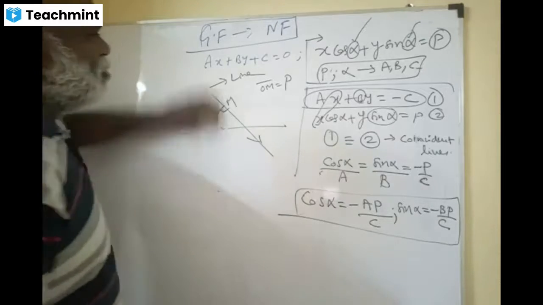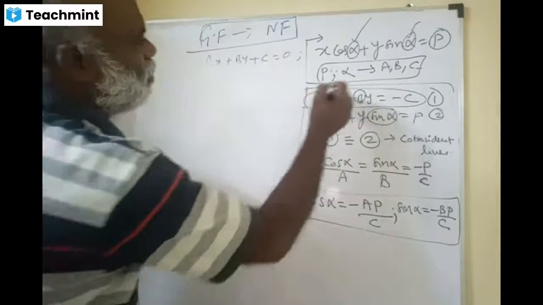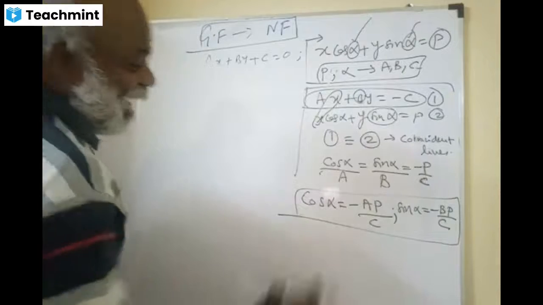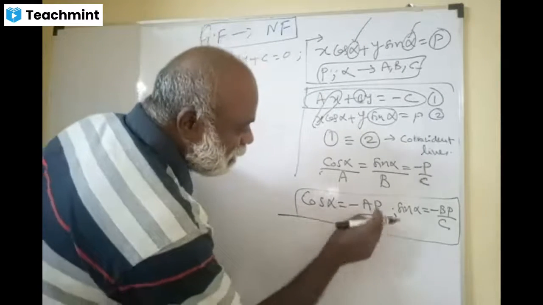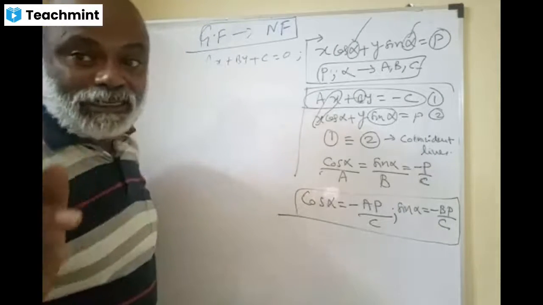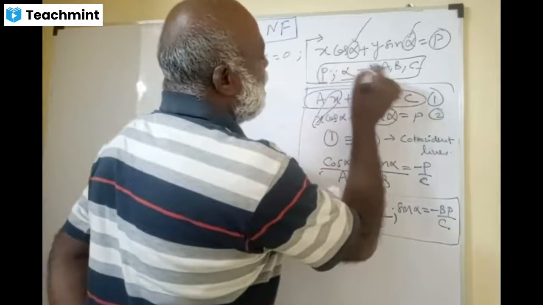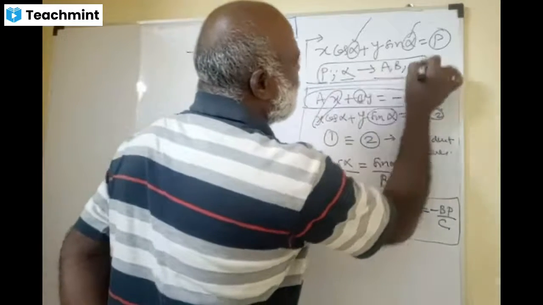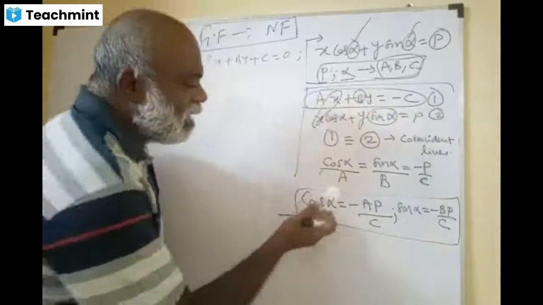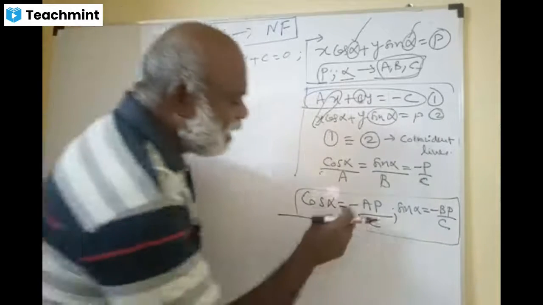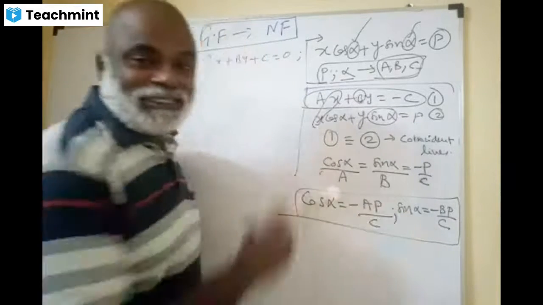Friends, now we want even p also, p in terms of a, b, c. We want a, b, c, but there is a p here. Please, listen. p and alpha, everybody should be only in terms of a, b, c. Here, cos alpha. I want a, b, c, not this p, please.